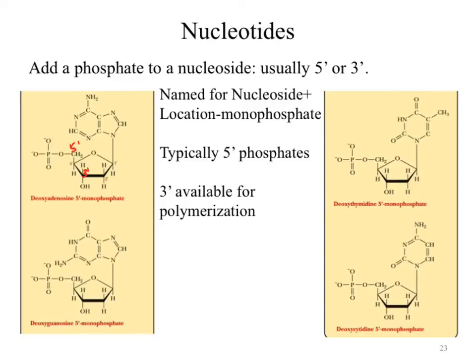In RNA, we do have the potential for modification at that position, which adds variability, which could potentially be a good thing or a bad thing, depending on what we were trying to do. So our 5' and 3' are referencing those two locations and how those locations can connect to other nucleotides.